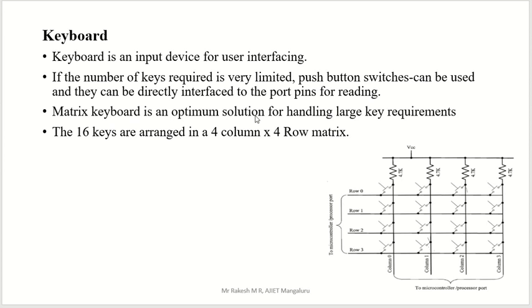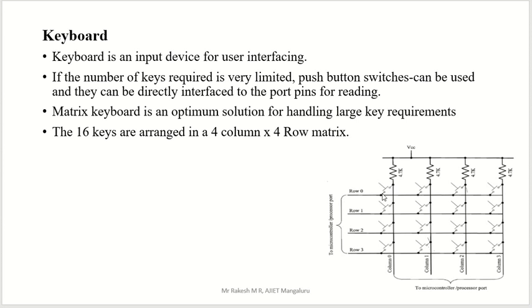A matrix keyboard is an optimal solution for handling a large key requirement. The 16 keys are arranged as 4 cross 4, 4 columns and 4 rows. See in this diagram, we have the microcontroller or processor port. These rows are connected to the microcontroller. Here we have VCC, that is the supply voltage. Supply is connected to your microcontroller only when you press the switch.